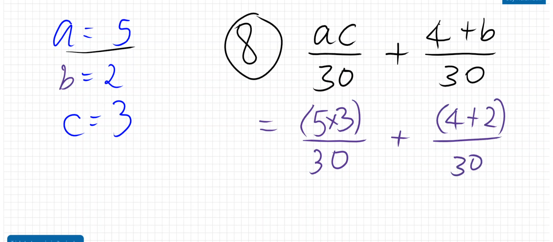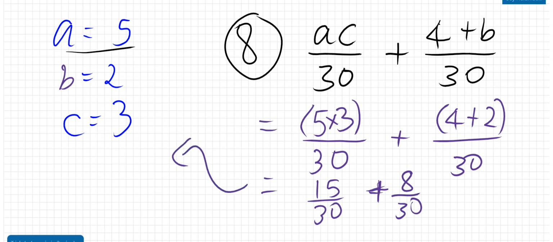over 30. All right, so now 5 times 3 is 15. I've got 15 over 30, plus 4 times 2 is 8, and I've got 8 over 30. Now, because my operation is addition, I have to add these two fractions here, okay? And we can see that they already have given us the same denominators. So that step's done for us.